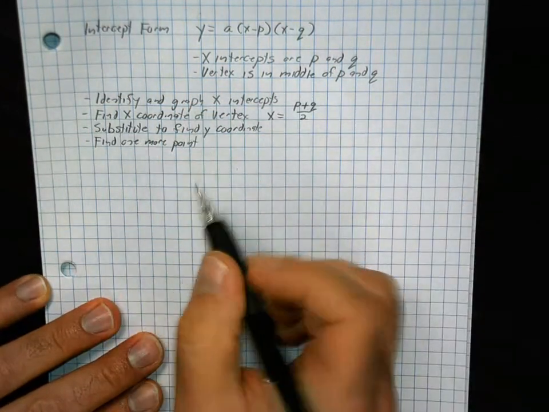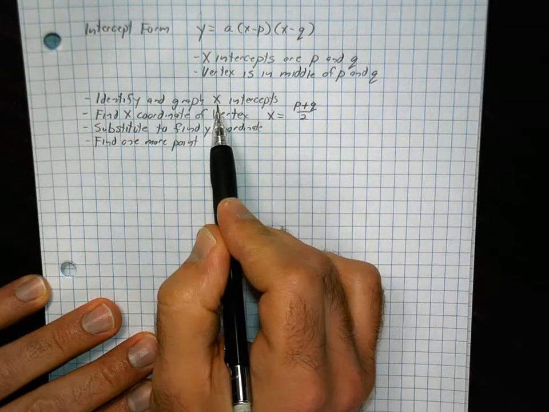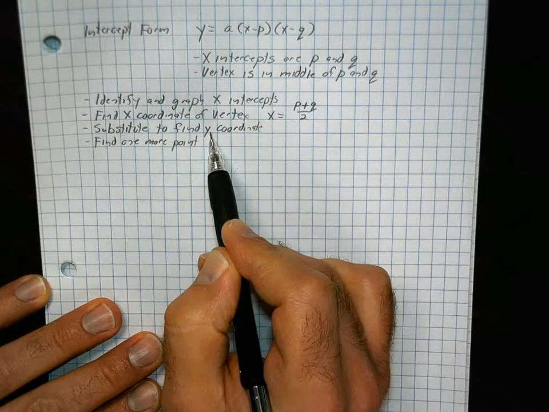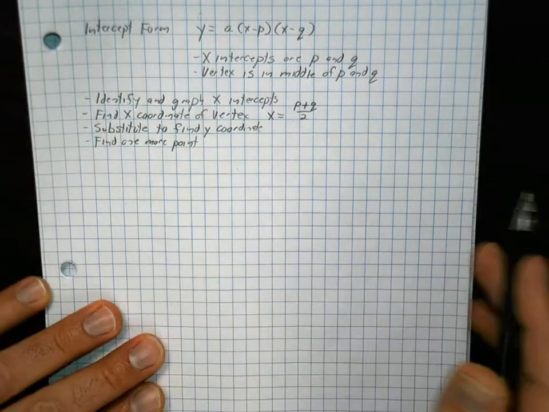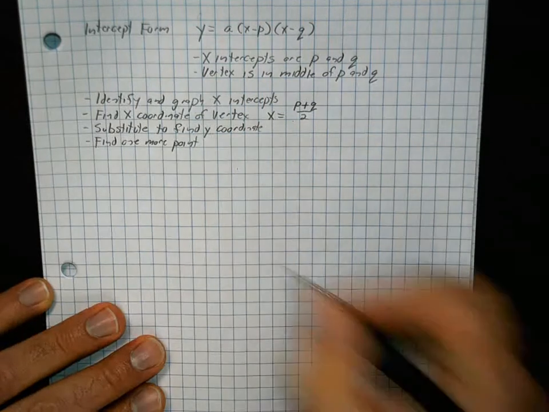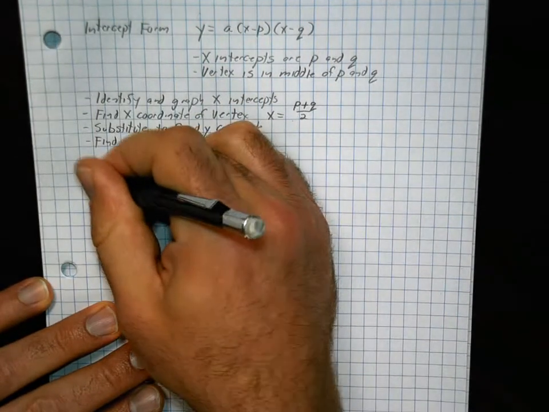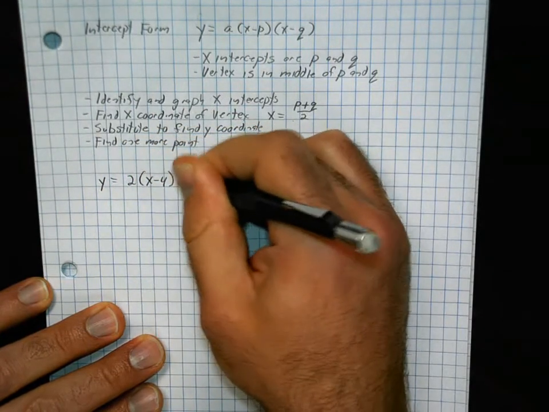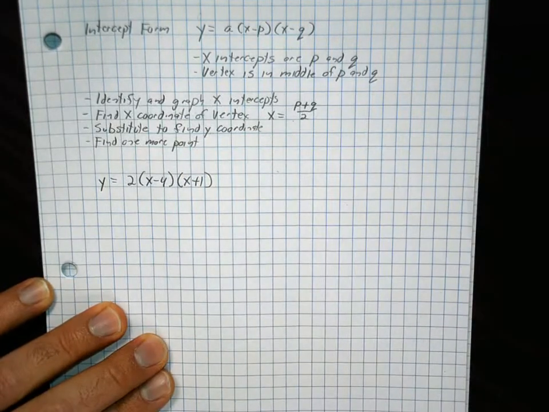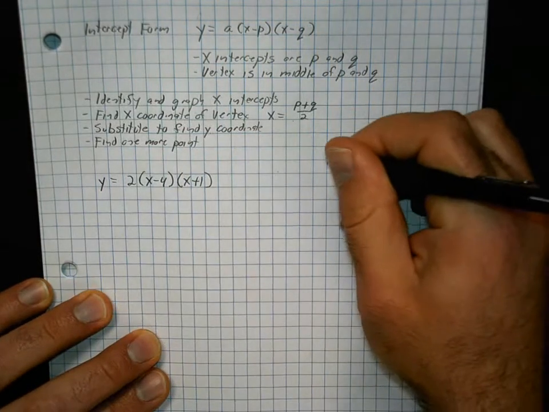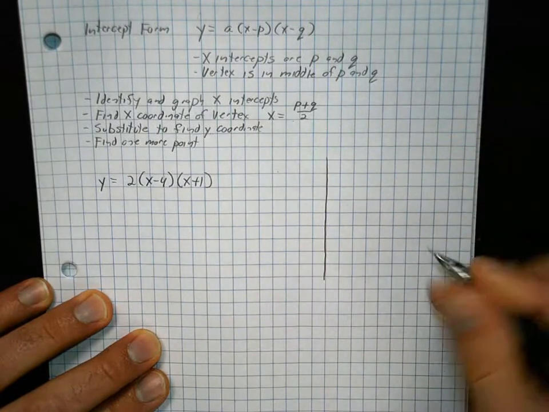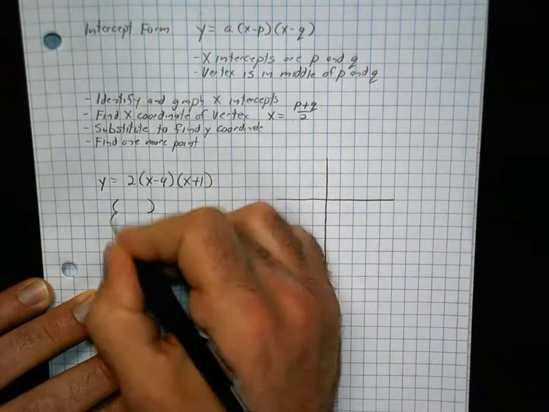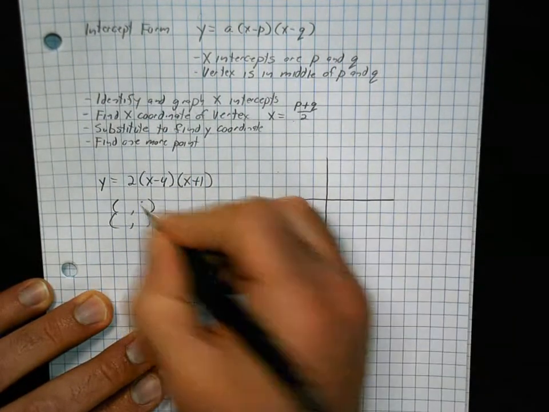Okay, so here's the steps we'll follow to graph these. We're going to identify and graph those intercepts, find the x-coordinate of the vertex, plug it in to find the y-coordinate, and then finally find one more point. Okay, so let's graph one. Okay, so the first step, find my x-intercepts.